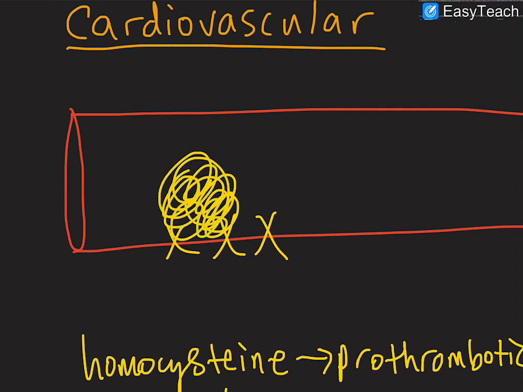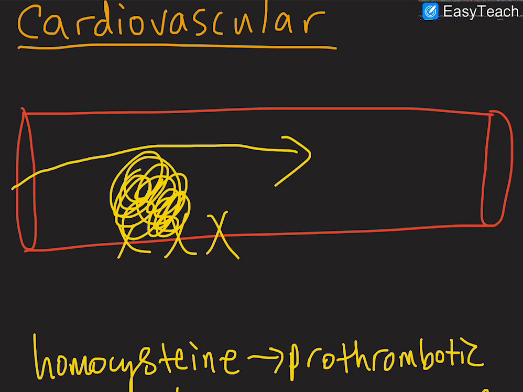If you get clot formation, that decreases the blood flow going to your organs, which can lead to ischemia. If this clot is forming in your coronary arteries, this increases your risk of a myocardial infarction or a heart attack. If this clot is forming in the carotid artery or any blood vessels supplying your brain tissue, then this increases your risk of getting a stroke.